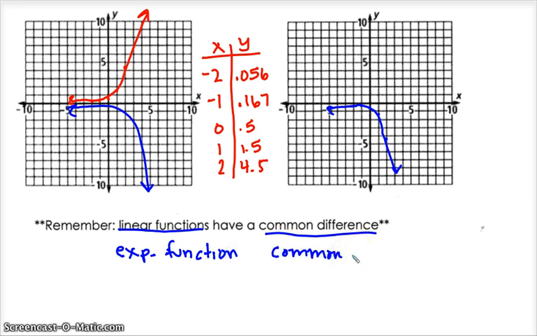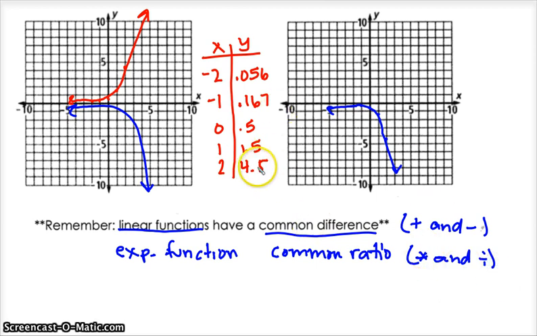An easy way to think about this is that linear functions are when I'm adding and subtracting, and in exponential functions, I'm multiplying and dividing every time. All right, so you can see that there's a common ratio. If I do 4.5 divided by 1.5, and I do 1.5 divided by 0.5, I'm going to get the same number every time. As in a linear function, I would be adding or subtracting the same number every time.